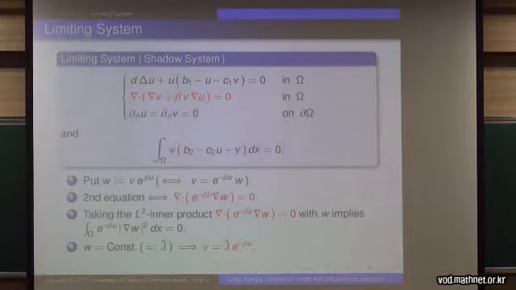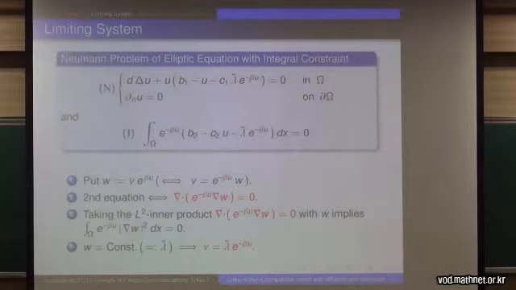So v equals lambda tilde times exponential minus beta u. By substituting this relationship into here and here, you get a limiting system which consists of the Neumann problem of a single semilinear elliptic equation with the exponential term and an integral equation.